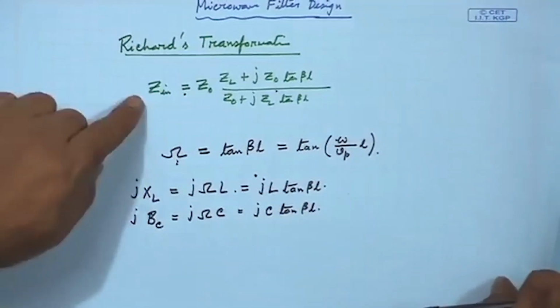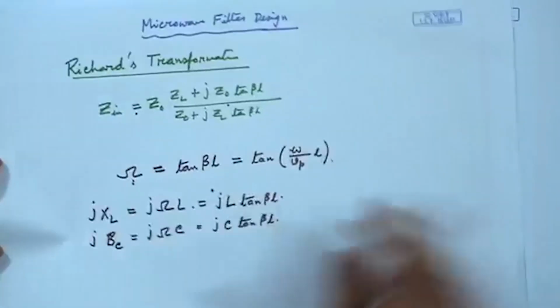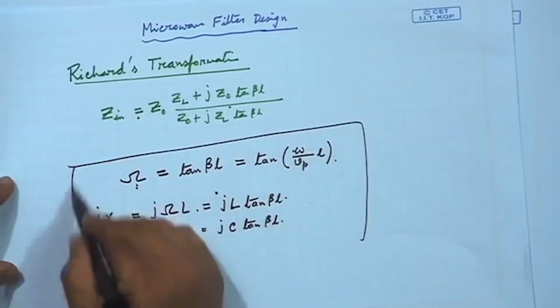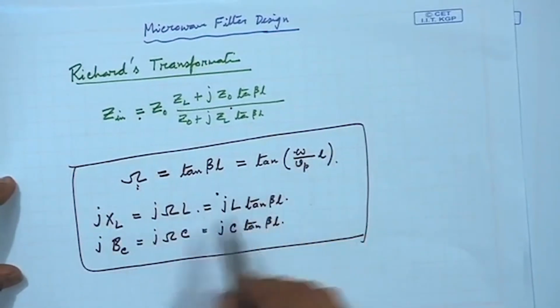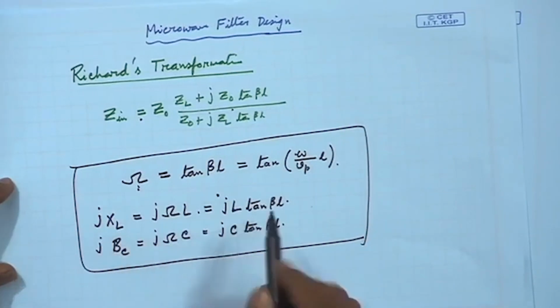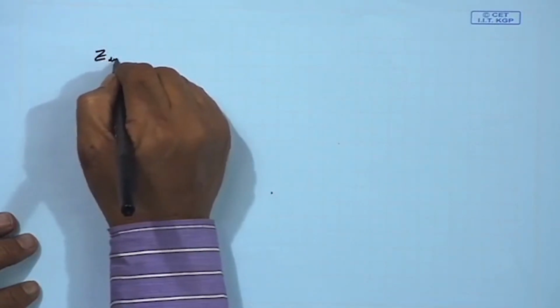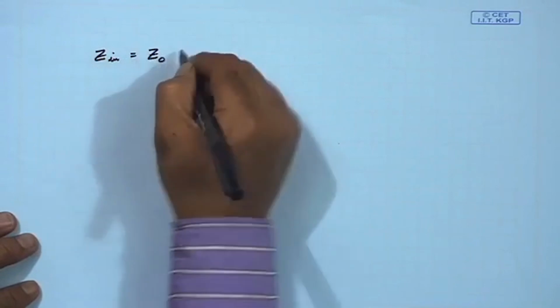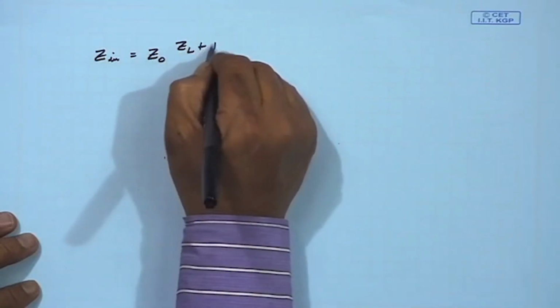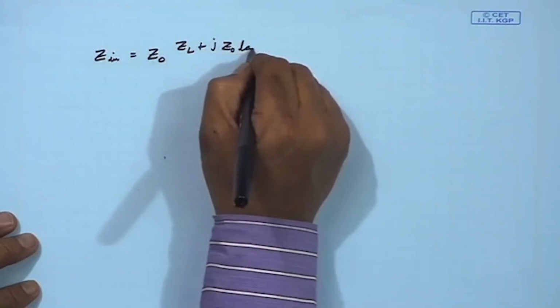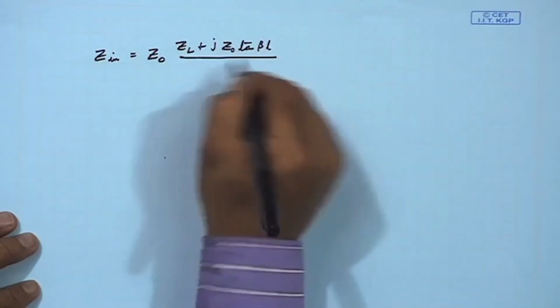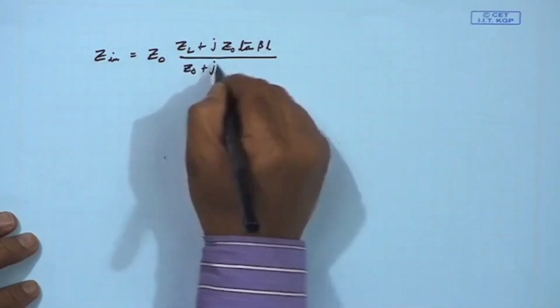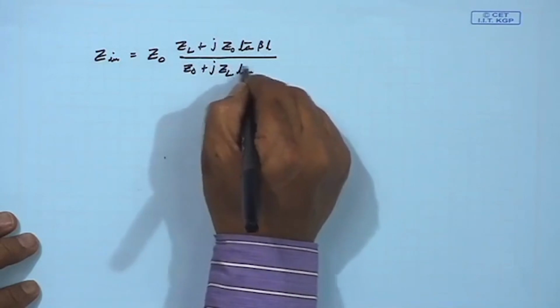Let us see from this equation. This is the result of this transformation, called Richards transformation. Again I write Z in is Z naught times Z L plus j Z naught tan beta L, divided by Z naught plus j Z L tan beta L.